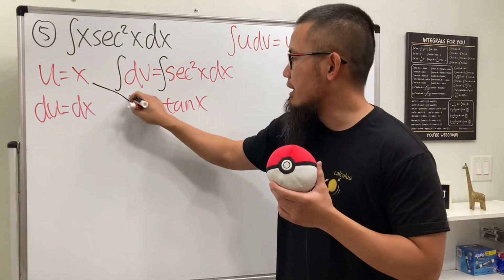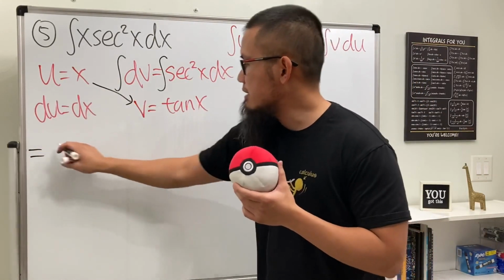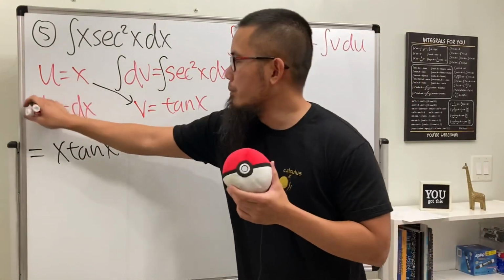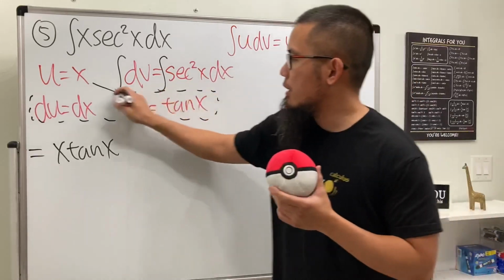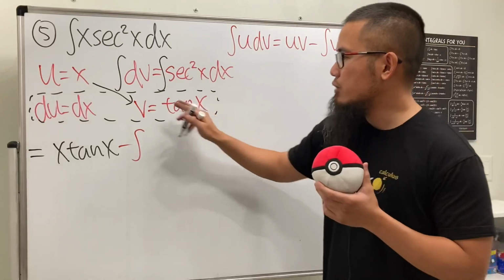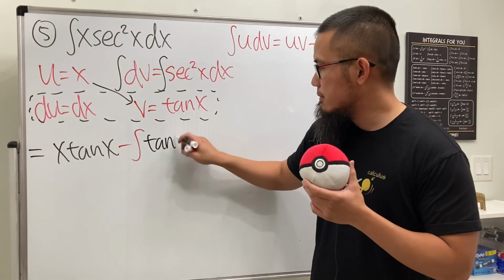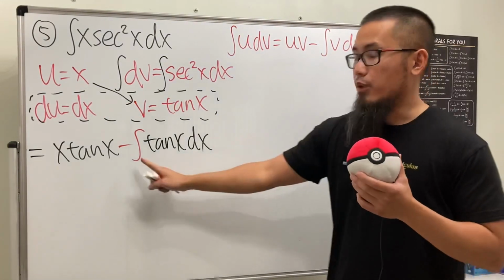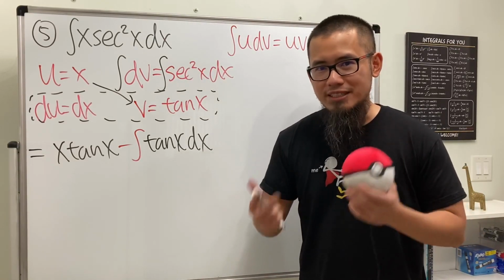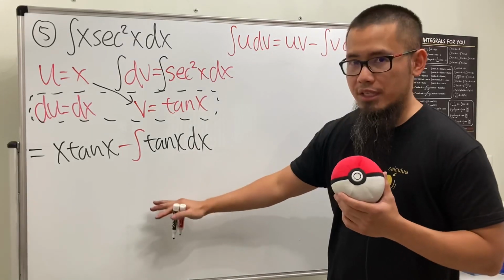Now we multiply this and that. That's the first part of the answer, which is x times tangent x. And then we multiply this row, put that in the integral, we have to minus that, which is just tangent x times dx. Now, can we integrate tangent x? Yes, this is actually just a standard integral, and you can just write down the answer for that.